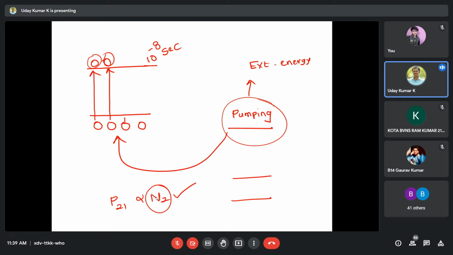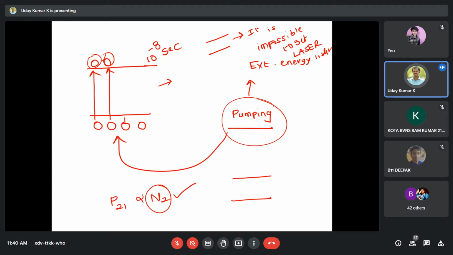Now, here I can tell you one more statement. If you have only 2 energy levels, it is impossible to get laser light. In a two level system it is highly impossible to get laser light.